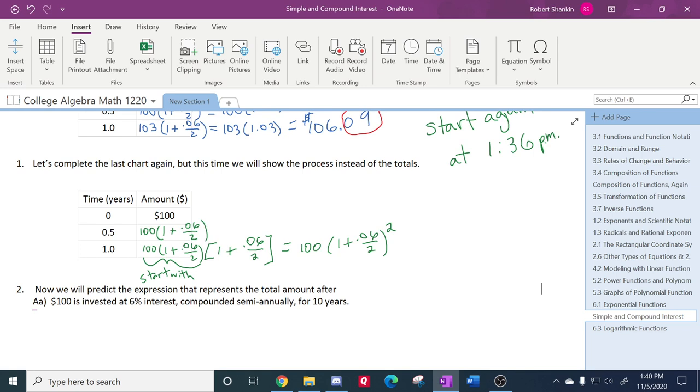Go ahead and enter it into your group chat. See what others put down.